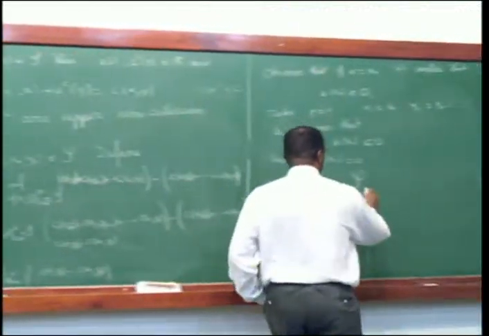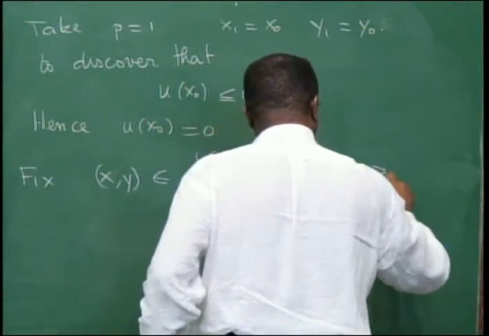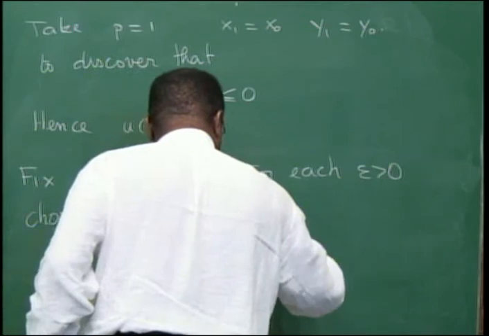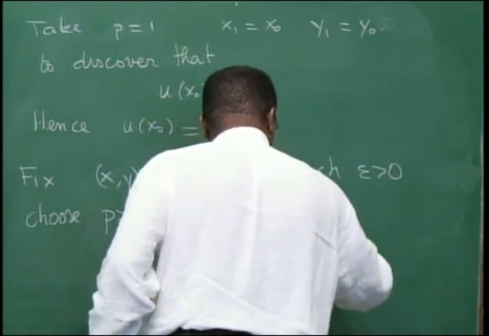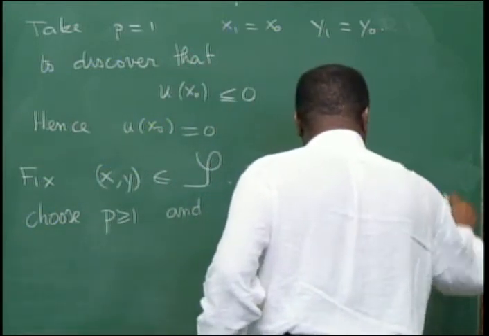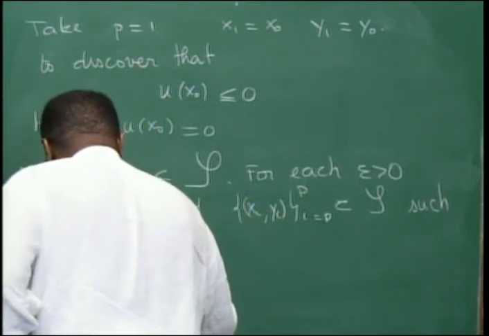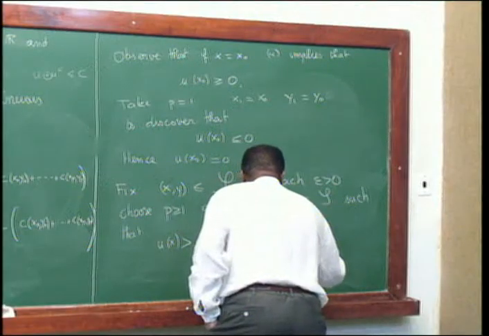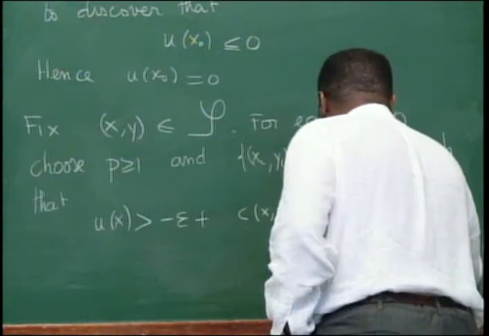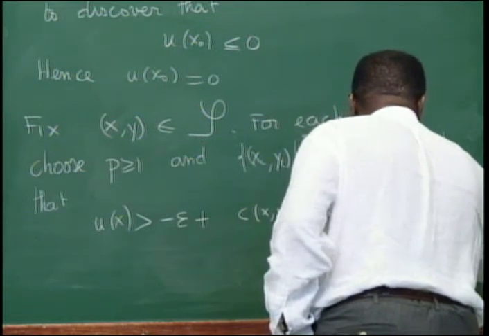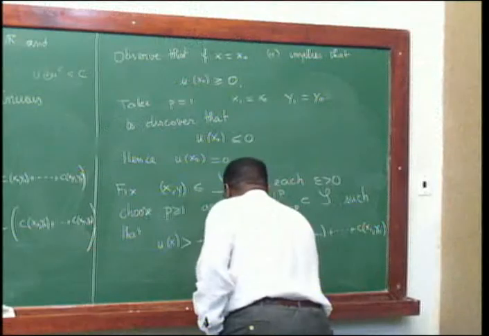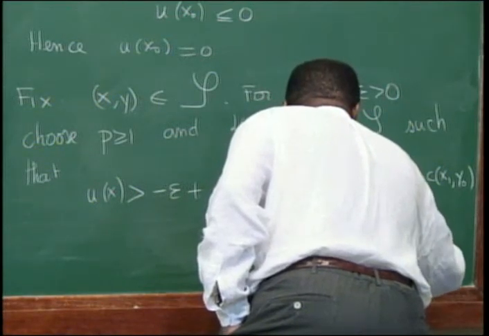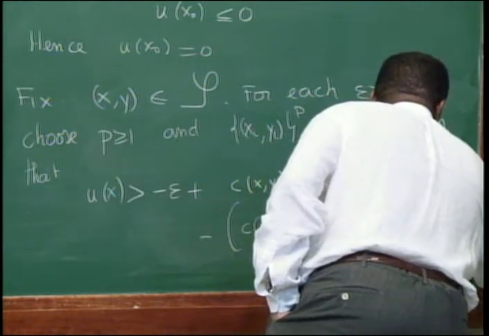So for each epsilon positive, choose P greater than or equal to 1, and S_i, Y_i, i from 0 to P, subset of X, such that U of X is bigger than negative epsilon plus C of X, Y_P, plus C of X_P, Y_P minus 1, plus C of X, 1, Y naught, minus C of S_P, Y_P, plus C of S_P minus 1, Y_P minus 1, plus C of X naught, Y naught.